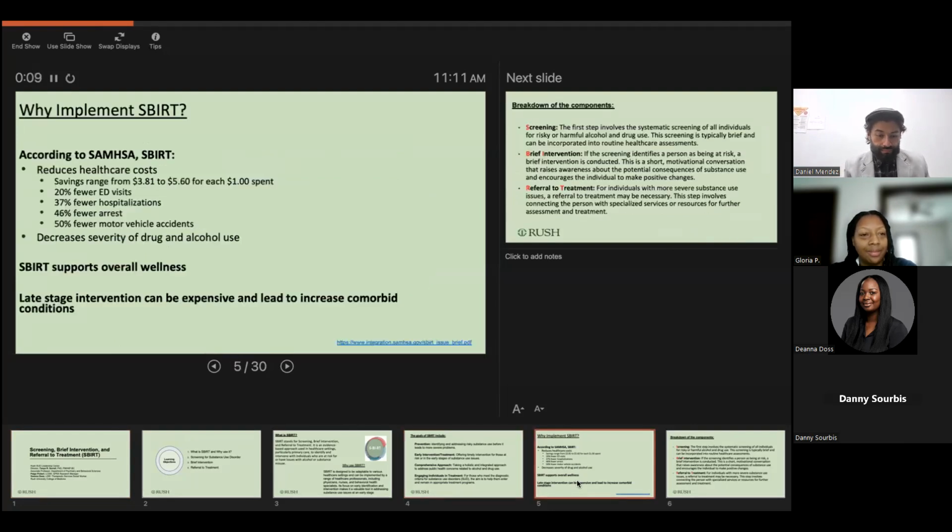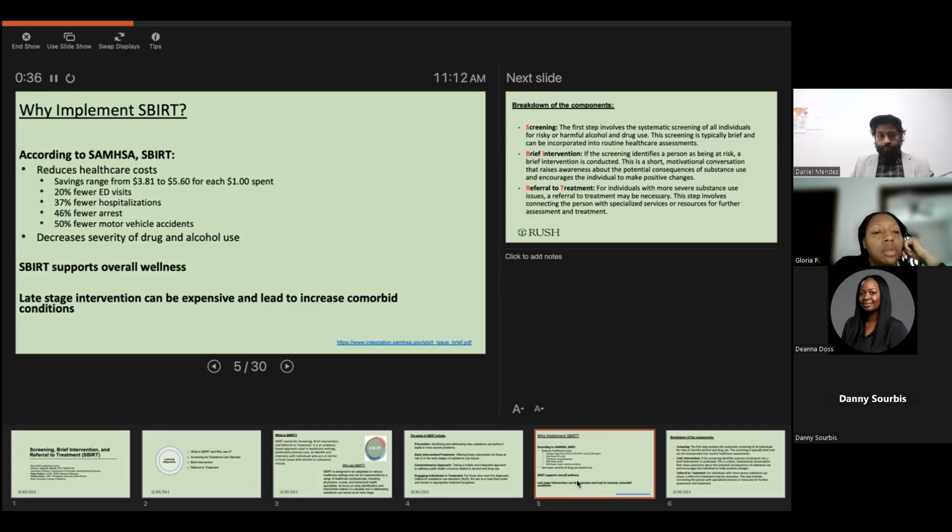Sorry, next slide. So why implement SBIRT? So according to SAMHSA, these are some statistics that I received from SAMHSA. It reduces healthcare costs, with savings ranging from $3.81 to $5.60 for each dollar spent, 20% fewer ED visits, 37% fewer hospitalizations, 46% fewer arrests, and 50% fewer motor vehicle accidents.